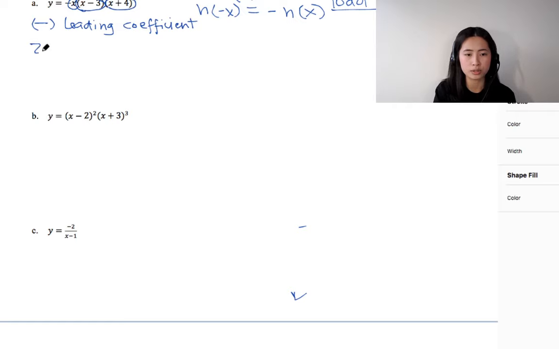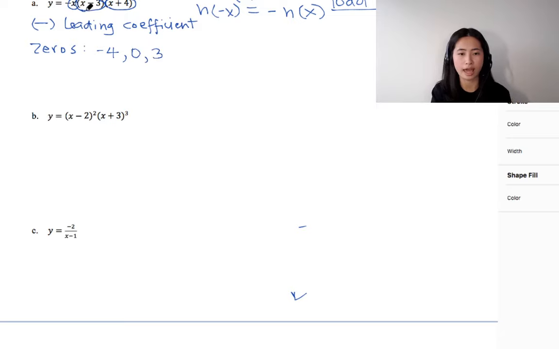So your zeros are going to be 0, because x is a zero, and positive 3 and negative 4. So maybe we can group these from the smallest to the largest. We have negative 4 to begin with, because x plus 4 is equal to 0, therefore you get negative 4. And then you have 0, and 3, because x minus 3 is equal to 0 gives 3.